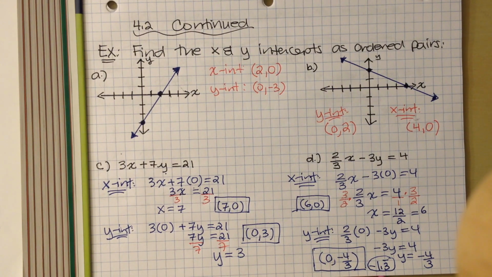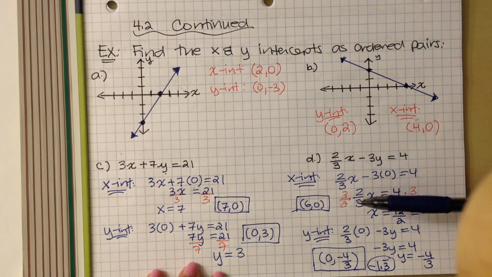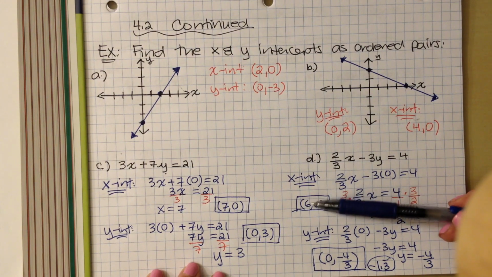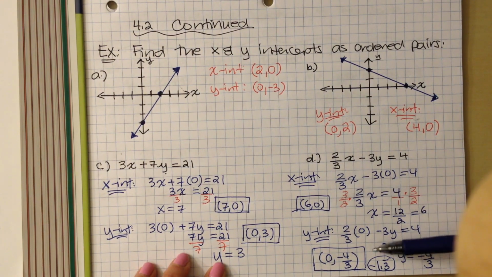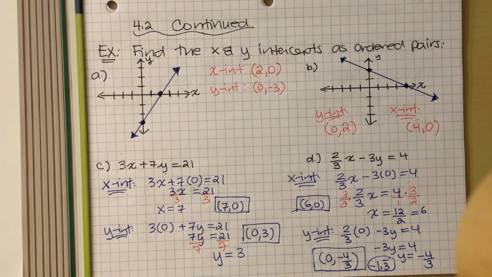Basically, what you do is just estimate the location on your graph. On your test, I will give you regular whole numbers, so you'll just have integers, positive and negative. You won't have any fractions to graph for your test.